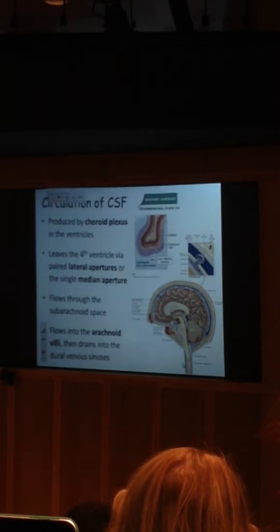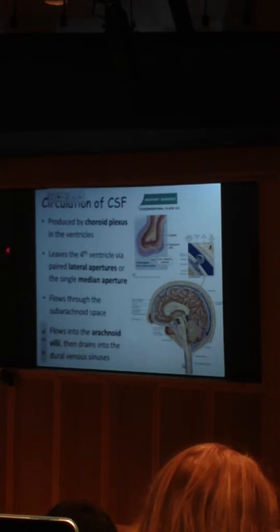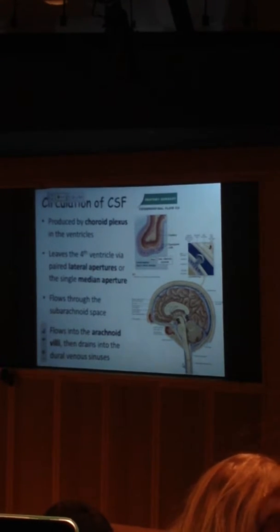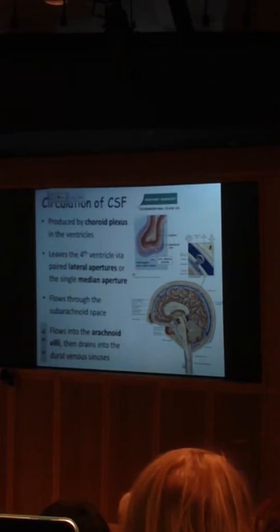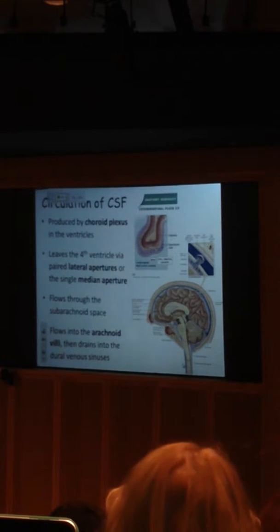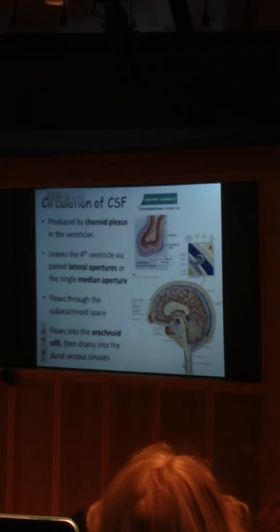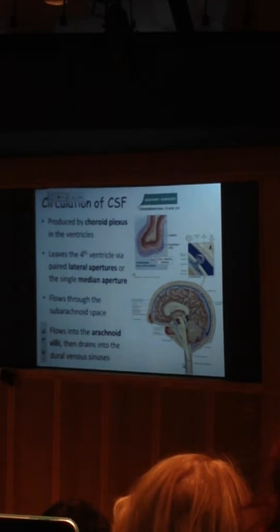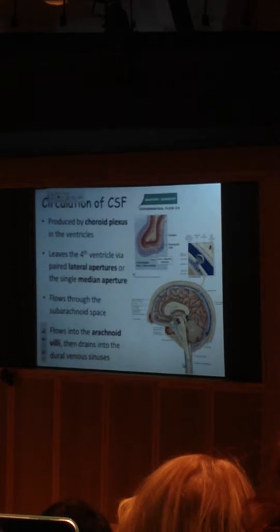Okay. So after this, we need to take away this cerebrospinal fluid. The generation of the cerebrospinal fluid is pretty constant. It's not regulated by the pressure inside of your brain, but the absorption is affected by that.